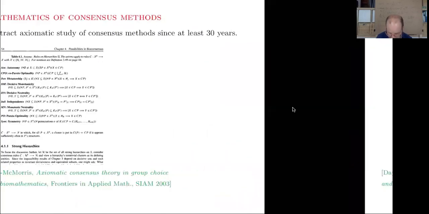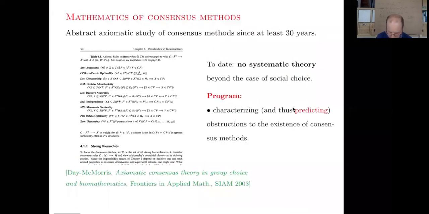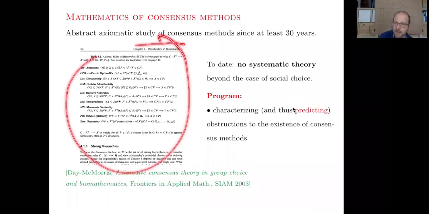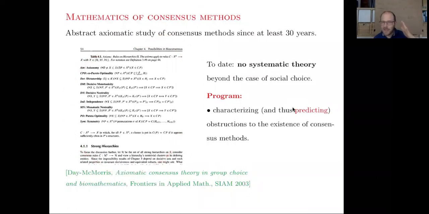And in general, the program would be, well, if you do this consensus theory, you have books with pages like this, right? Every special property will be studied. Is it possible? Does there exist an algorithm? Does there not exist an algorithm? But I don't know of any systematic theory.